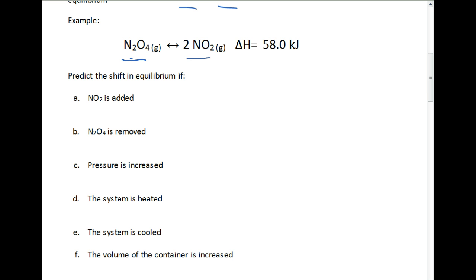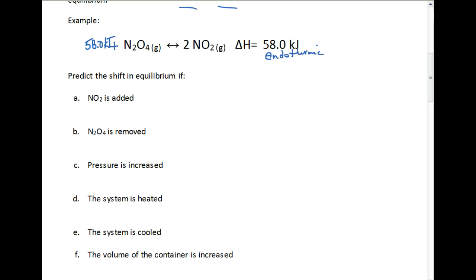We have a delta H value given as 58.0, which lets us know that this is an endothermic reaction. And so if we were to include it, we would include it on the reactant side, so it would be 58.0 kilojoules over here, because we include heat for endothermic reactions on the reactant side.